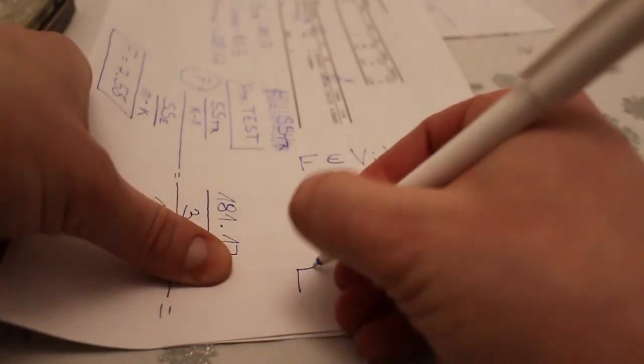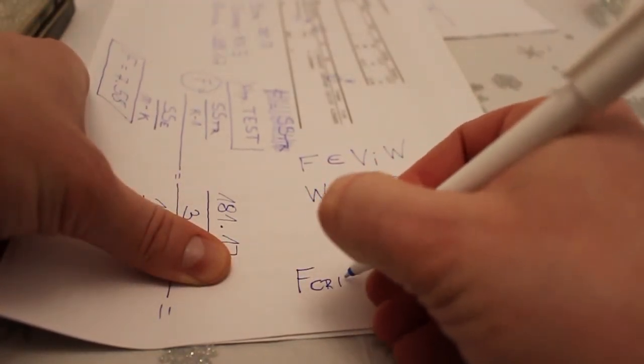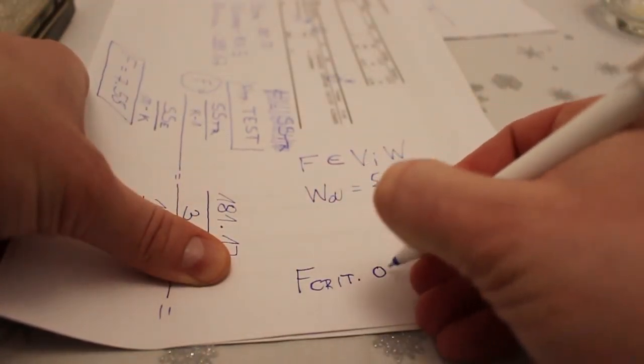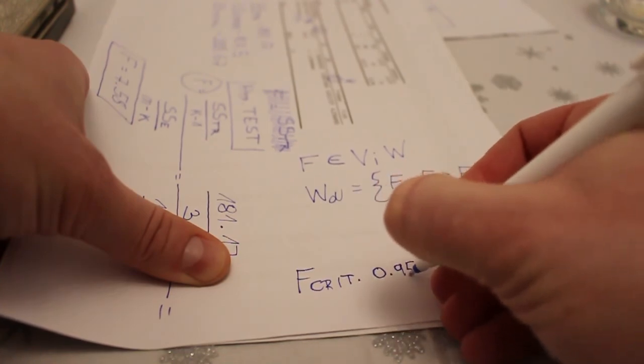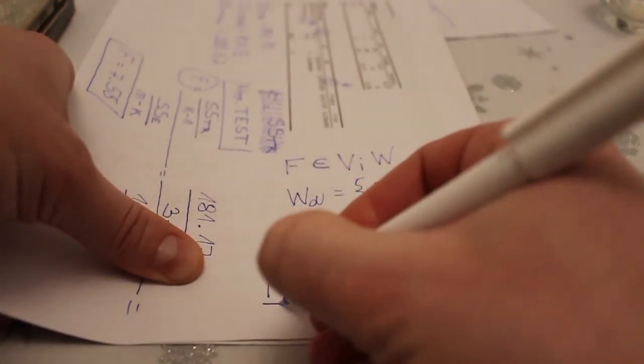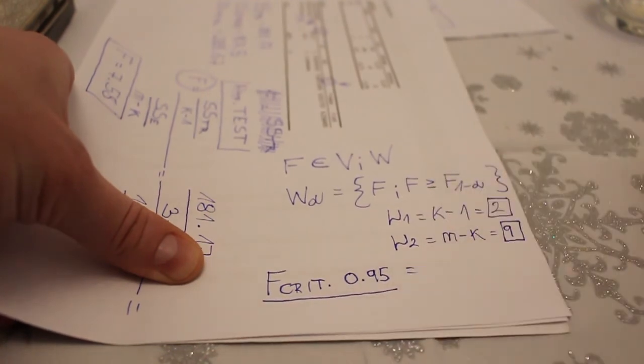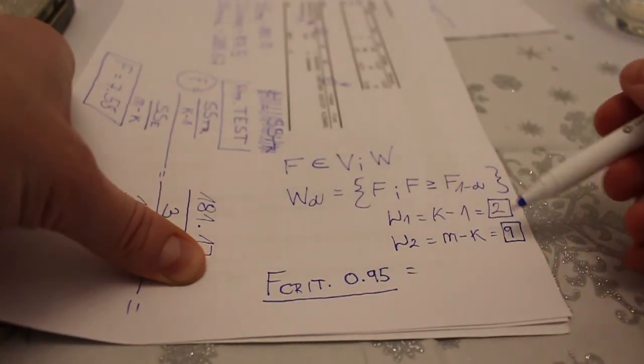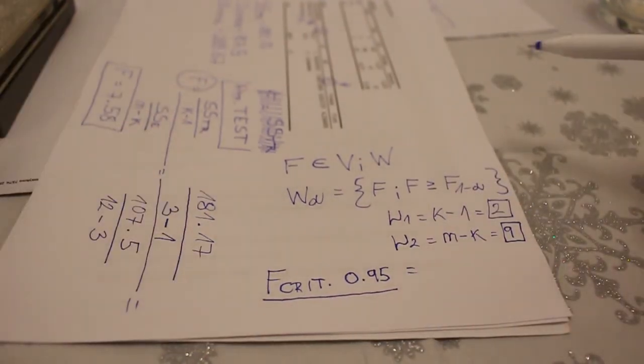So we must find the F critical value F 0.95, the 95% quantile of the Fisher F distribution with 2 and 9 degrees of freedom.